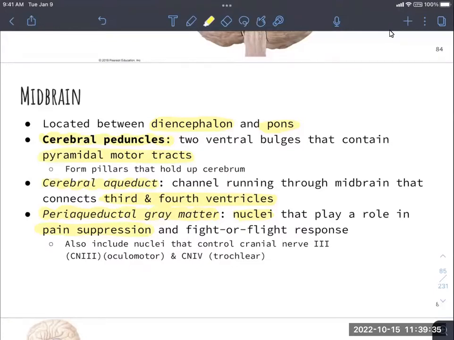Well, sometimes that periaqueductal gray matter is going to suppress some of those signals, so not every single one of them gets up to your brain, so your pain is not necessarily felt as intense as your nerves are saying it is. Your brain kind of modulates that. Your periaqueductal gray also deals with that fight or flight response, so that anxiety that you may feel if something were to happen.